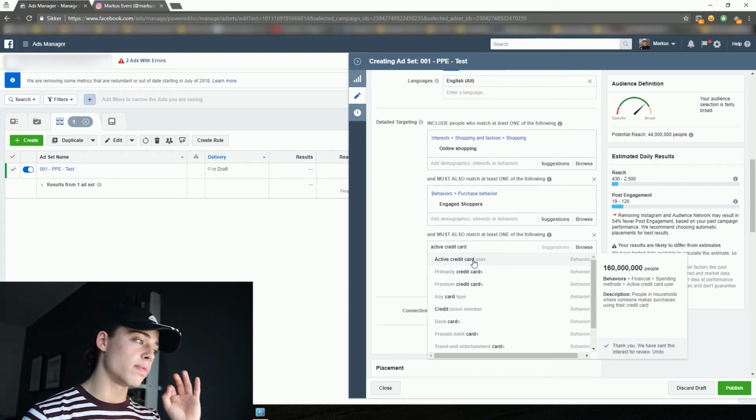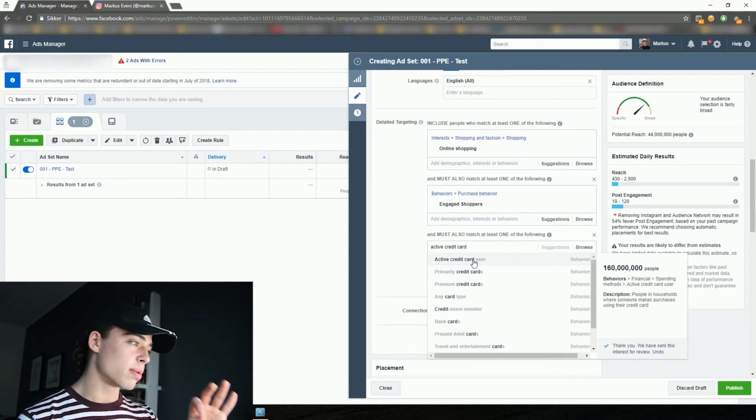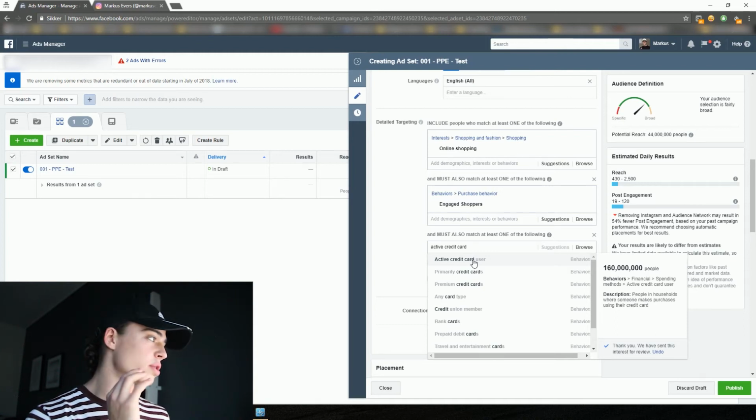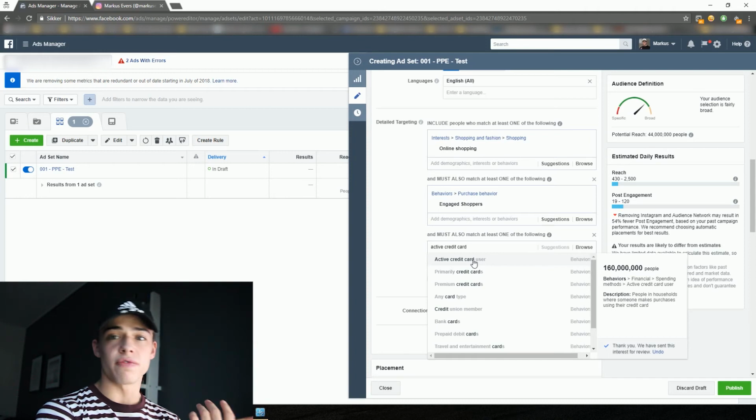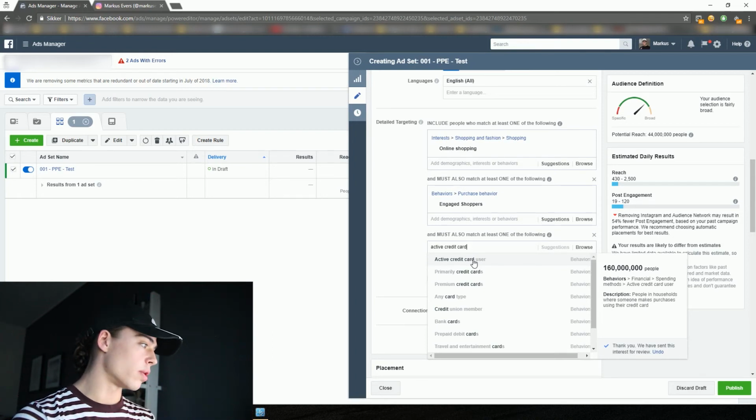This is 160 million, worldwide, or maybe in the States, I don't know. I think some of the interests are only targetable in the States. When I'm trying to target Denmark for my other stores, this is not available, so I think this specific interest is only available in the States. So that's a great one as well.